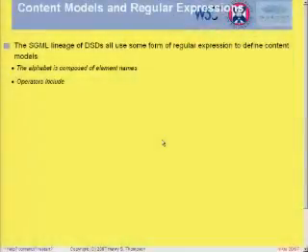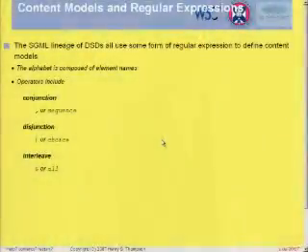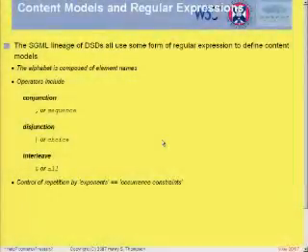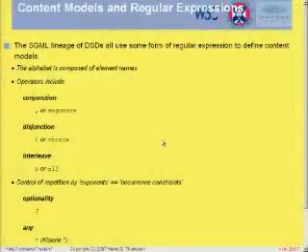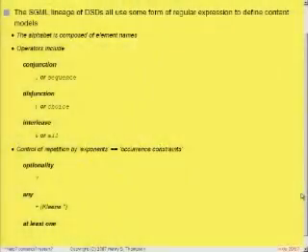The alphabet is typically composed of element names, and the operators include conjunction, disjunction, and interleave, notated with comma, vertical bar, and ampersand in SGML and XML DTDs, and sequence, choice, and all in W3C XML Schema, and similar words in RELAX NG. The control of repetition is by what are casually called exponents or occurrence constraints: optionality with question mark, and star and plus for repetition in the usual way.